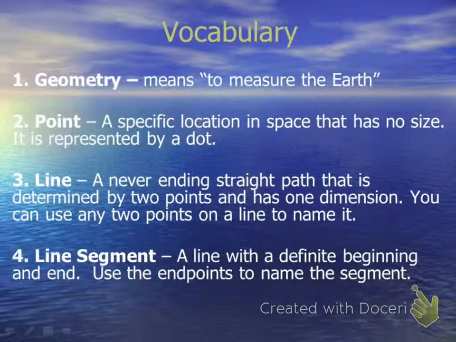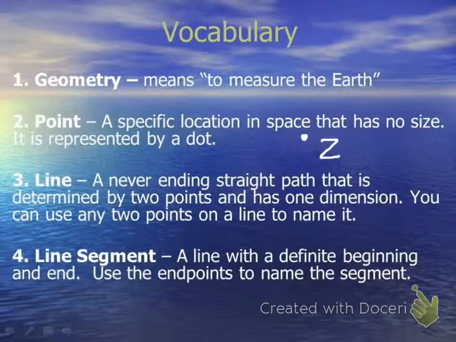Number 2, a point. A point is a specific location in space that has no size. We represent a point with a dot. So next to the definition, I want you to draw a dot. We label points with a capital letter. Someone give me one. Z. Okay, so I'm going to call this point Z. So draw a dot.